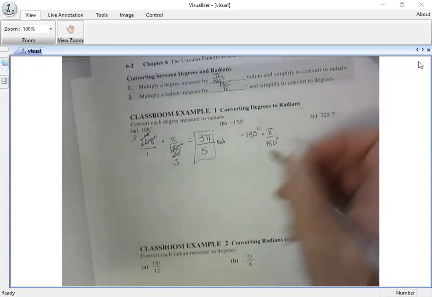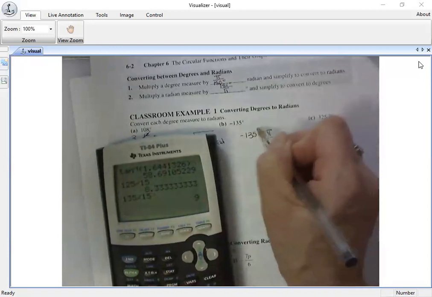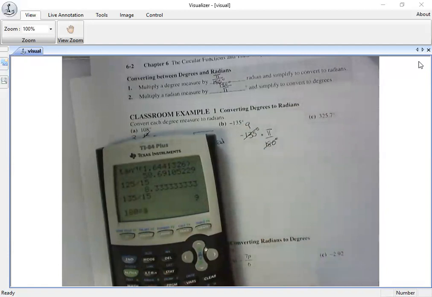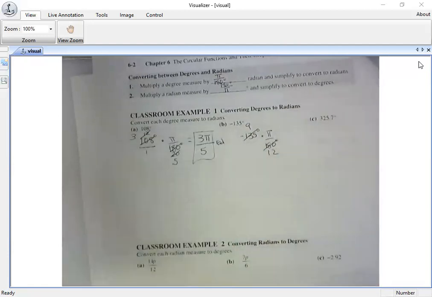Okay, so 15, we can do 135 divided by 15. Oh, wait, I did 125. Yeah, 135 divided by 15 is 9. And then 180 divided by 15 is 12. So we're definitely better. We're just not quite there yet.